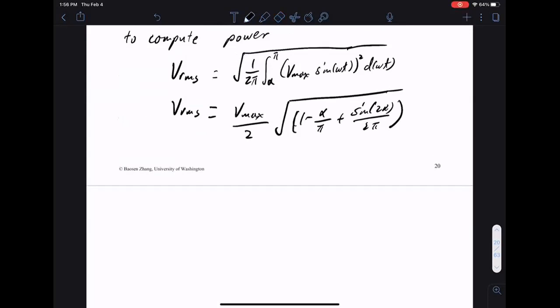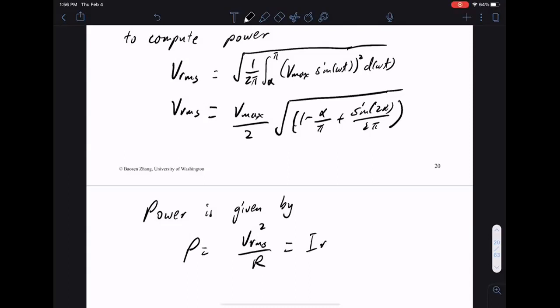And our power, if this is RMS, is given by P equals VRMS squared over R. So it's not the average voltage squared, but the RMS voltage squared.